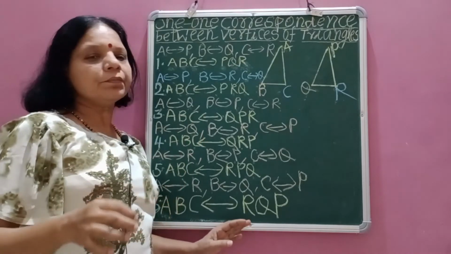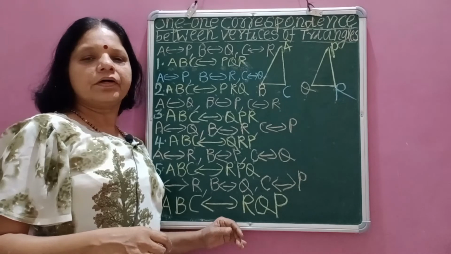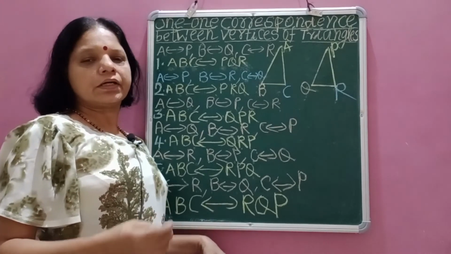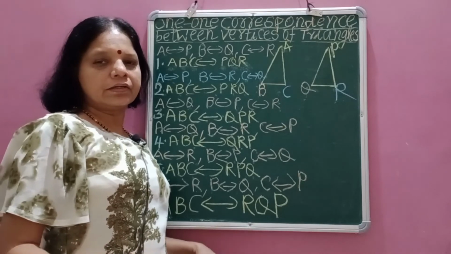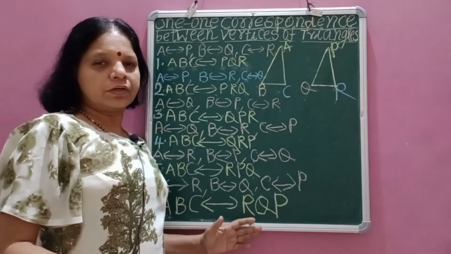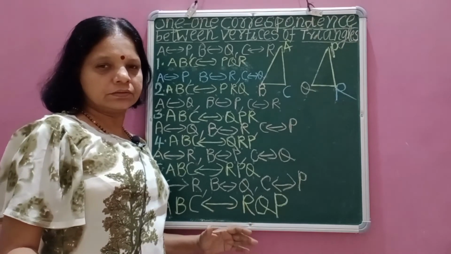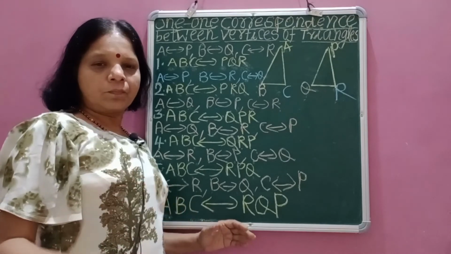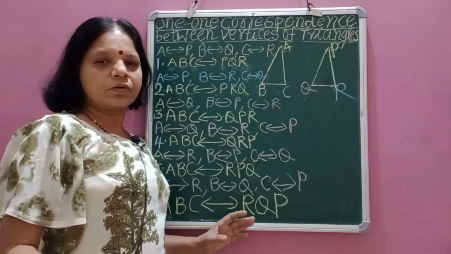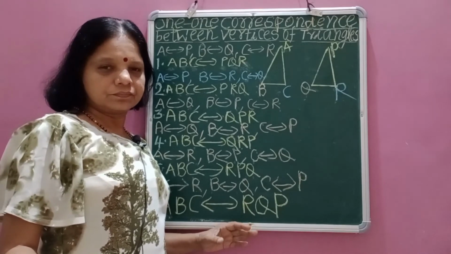So this is very important for identifying similar triangles. How are the corresponding angles related? Corresponding angles are equal for two similar triangles, and corresponding sides are proportional, or the ratio of the corresponding sides is equal.